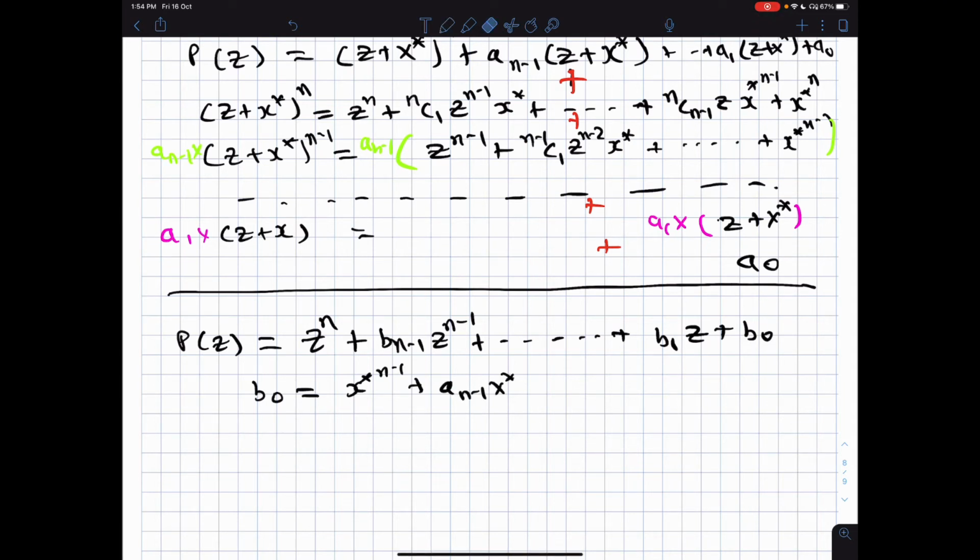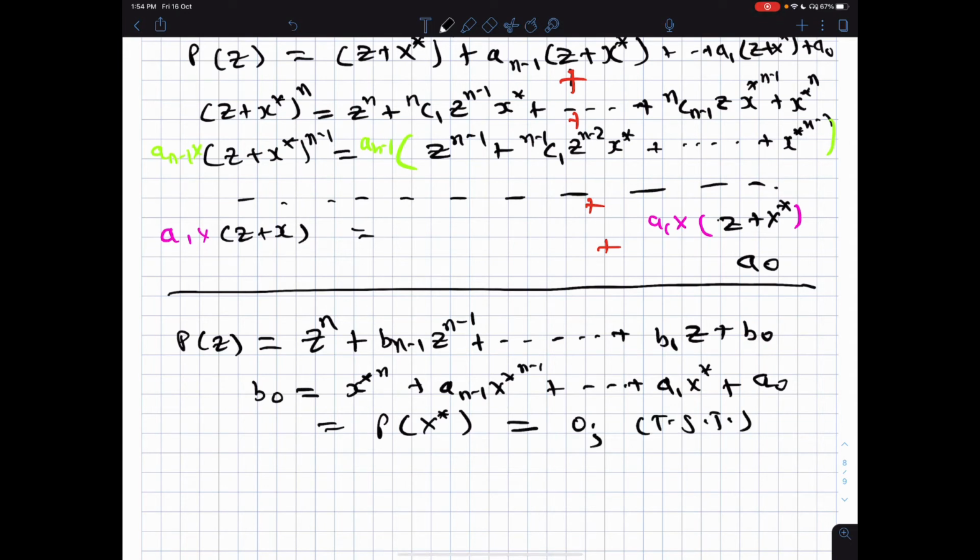So b naught is nothing but the value of the polynomial, I'm sorry, x star to the power n plus a n minus 1 x star to the power n minus 1 and so on up to a1 x star plus a naught, which is nothing but P of x star in the original polynomial, and I have to just show that this is equal to 0.